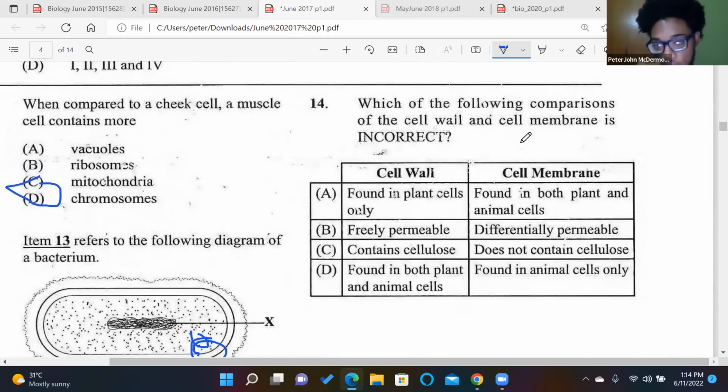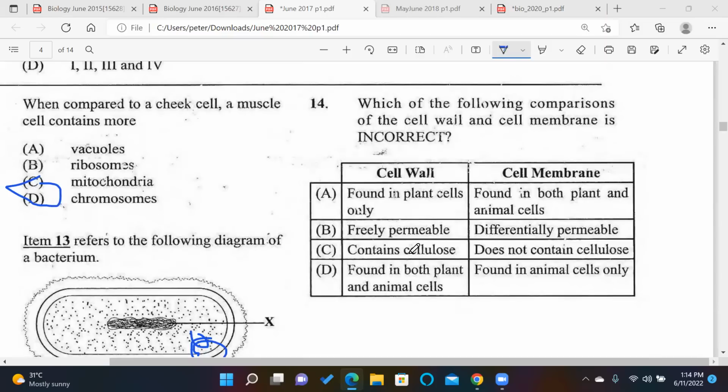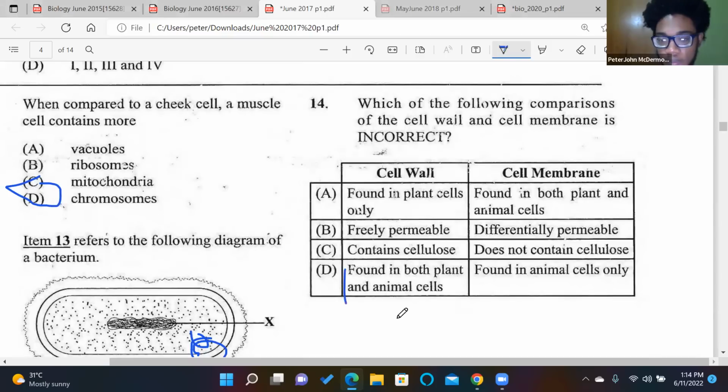Which of the following comparisons of the cell wall and cell membrane is incorrect? D. Correct.